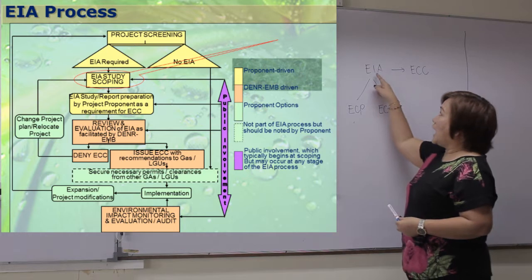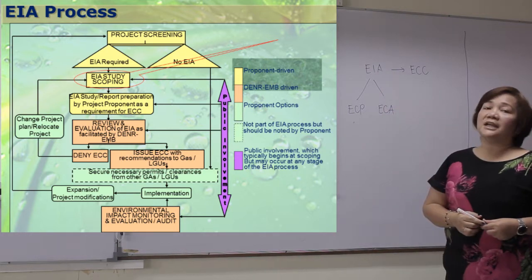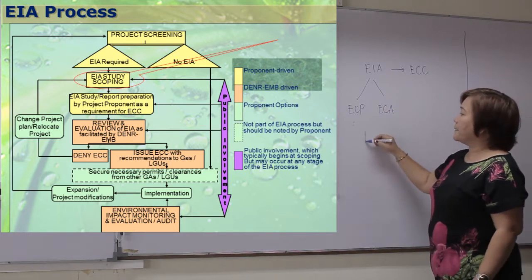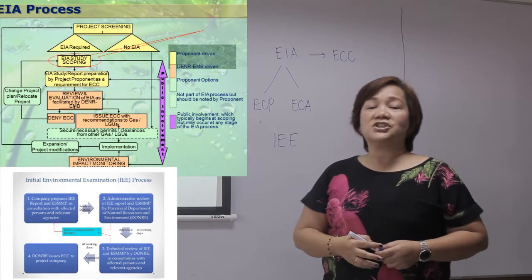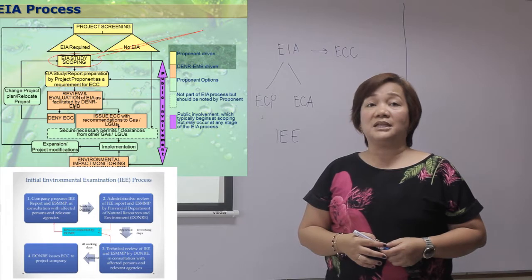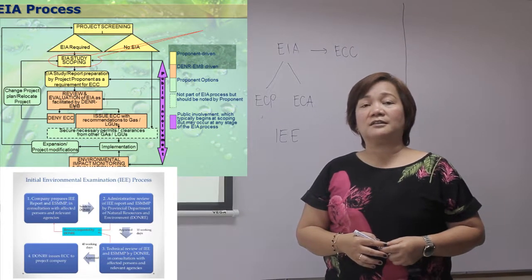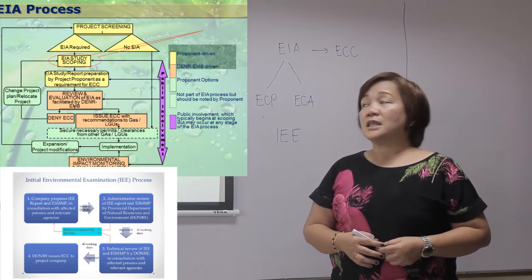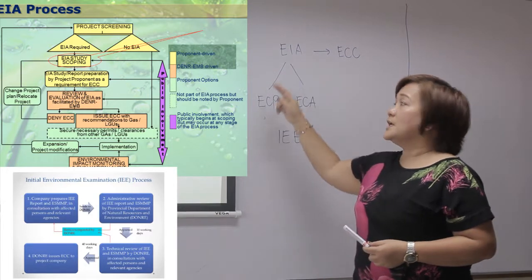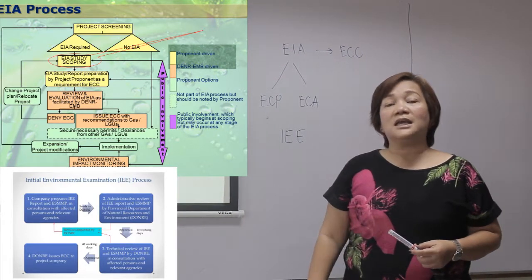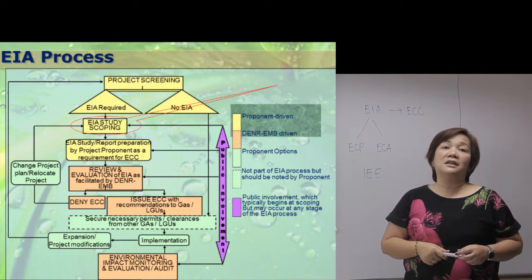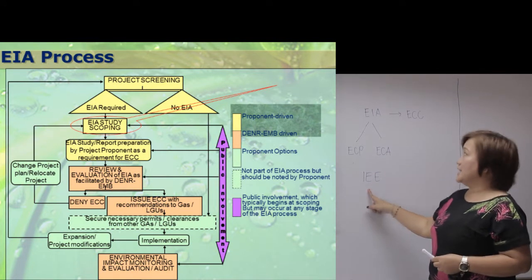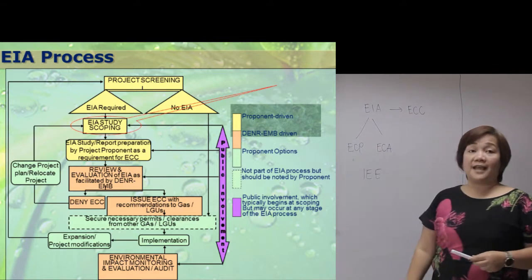So, instead of preparing an EIA, what has to be prepared is an IEE. What's an IEE? Initial Environmental Examination. If you're going to check the EIA law, the EIA process is almost the same as IEE, but there are just some parts of the EIA that will be eliminated. In short, IEE is shorter than EIA.